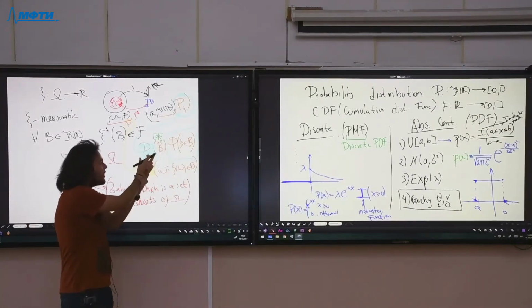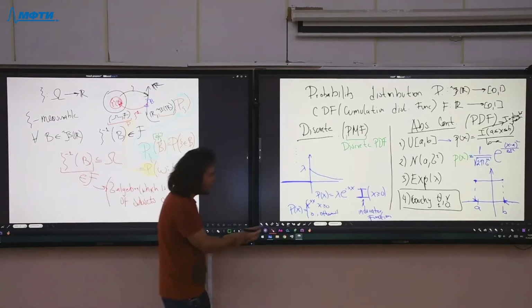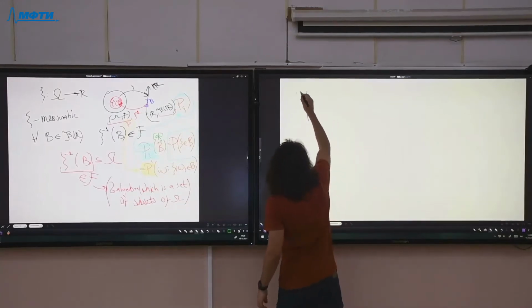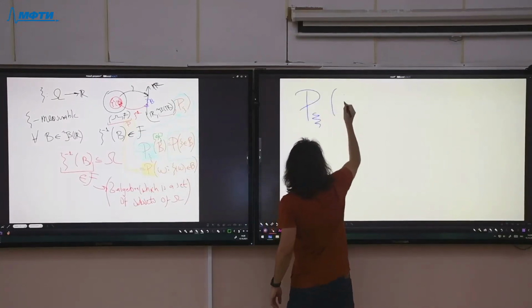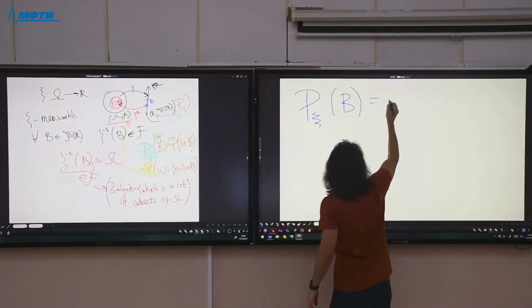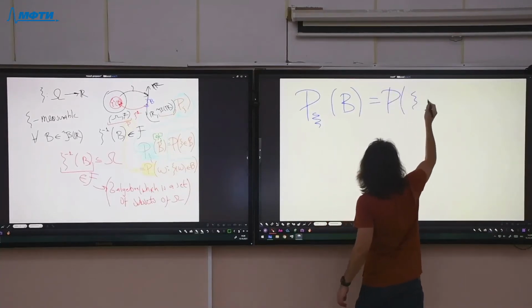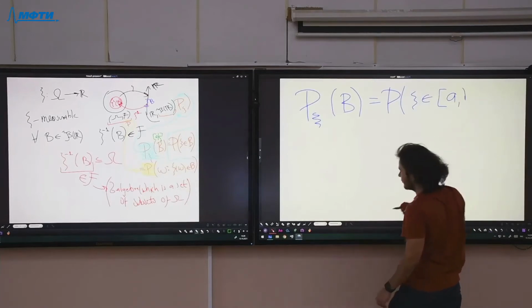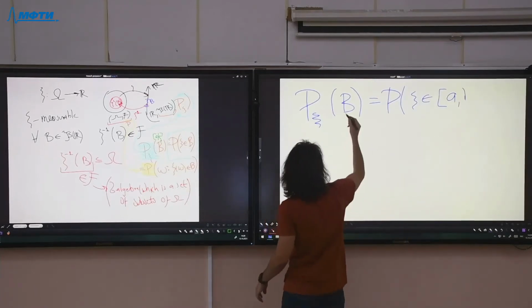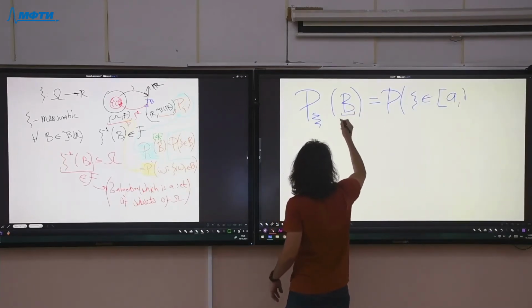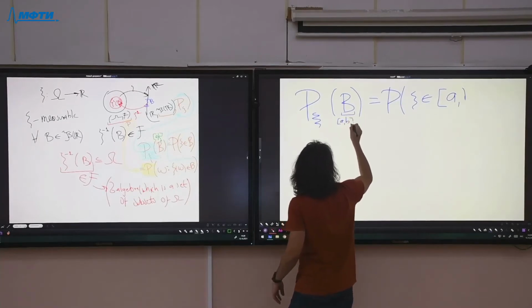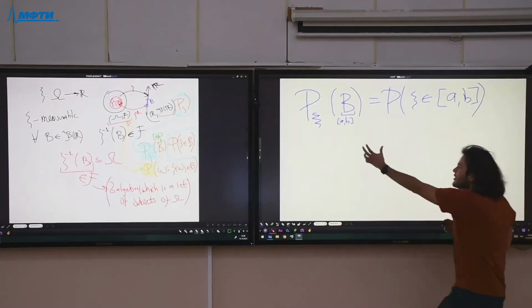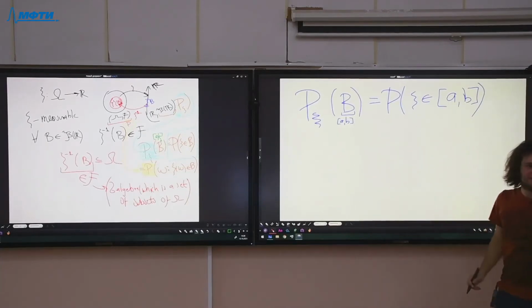So look, they are different, okay? Let me write this over here. This can be just A and B. So this P and this P are different.